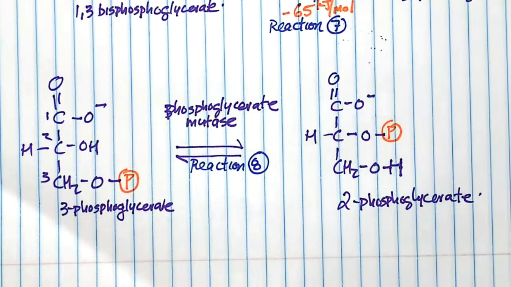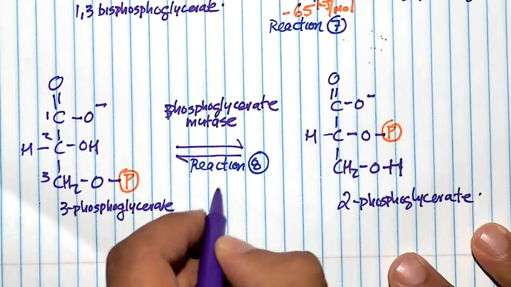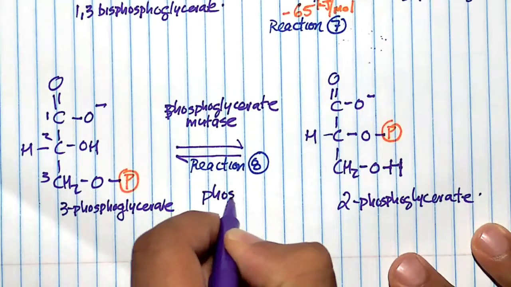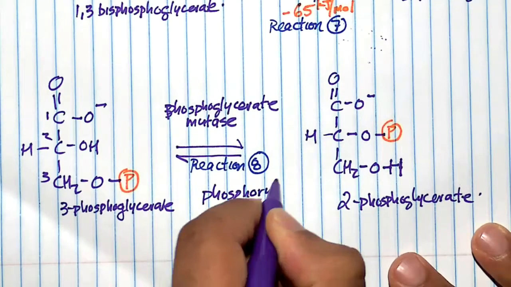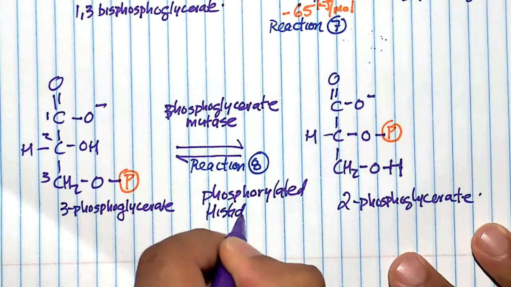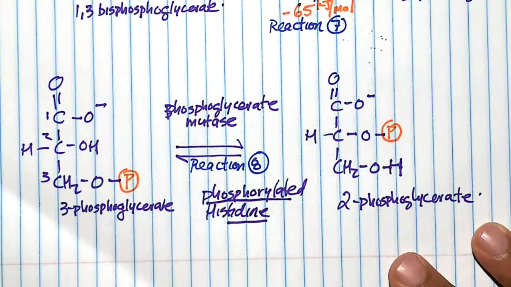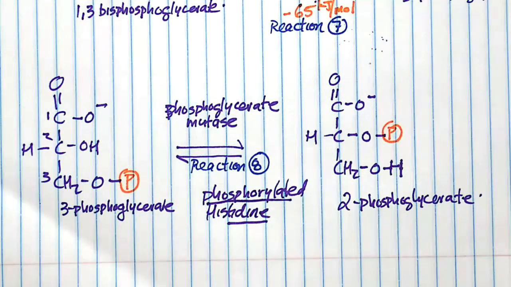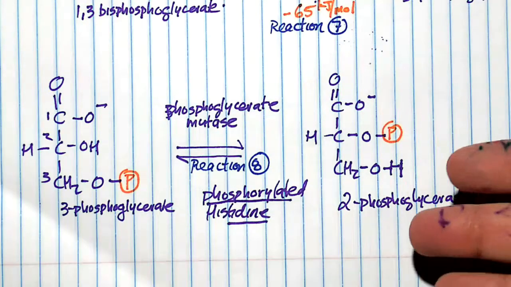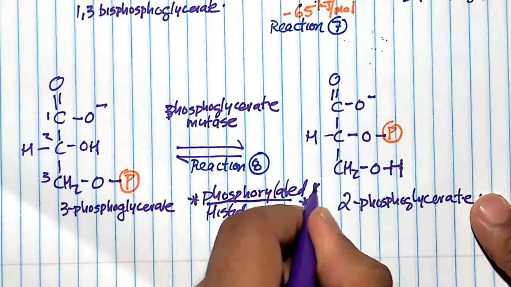But what's different, if you remember the mechanisms we talked about for different enzymes and their active site residues, is that the active site residue for phosphoglycerate mutase is actually a phosphorylated histidine. It's not just a regular old histidine, it's a phosphorylated histidine. That is kind of anomalous, in the sense that it's very rare that the active site is not just an amino acid, but a phosphorylated amino acid.